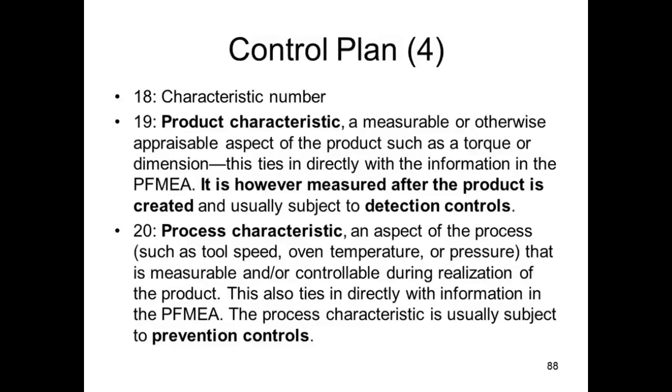The process characteristic is an aspect of the process that's measurable and/or controllable during realization of the product. As I mentioned before, a type of feedback process control endpoint. Detection is an example. Measuring the distance a drill goes into a part while it's being drilled. Those are forms of feedback process control, controllable during realization of the product, and it's subject to prevention controls, which prevents the failure mode from taking place.